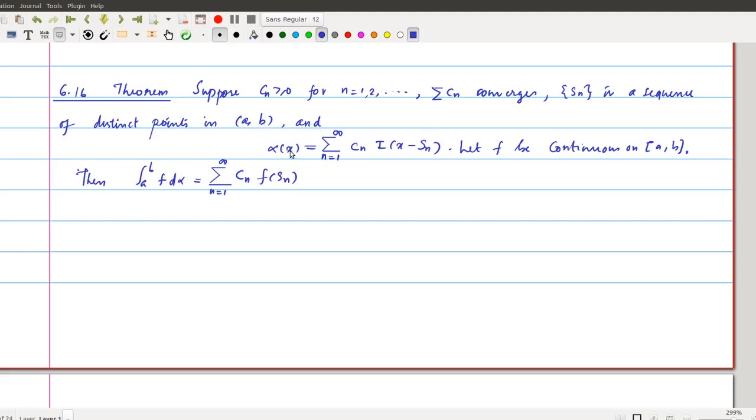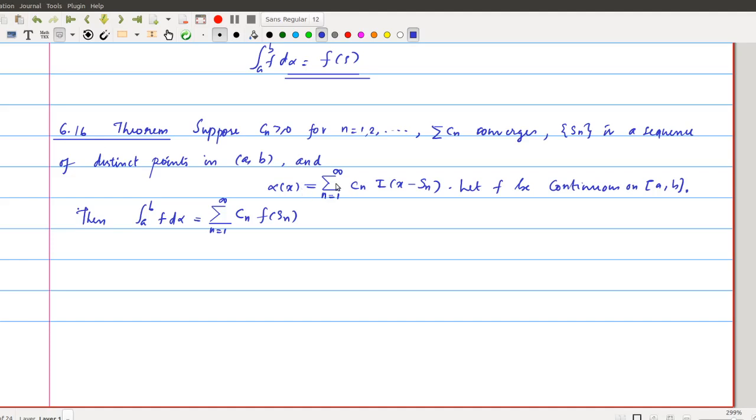We define alpha as the summation from n equal to 1 to infinity of Cn I(x minus Sn), and if f is continuous on [a, b], then we can approximate this integral as the limit of finite sums, or this series.